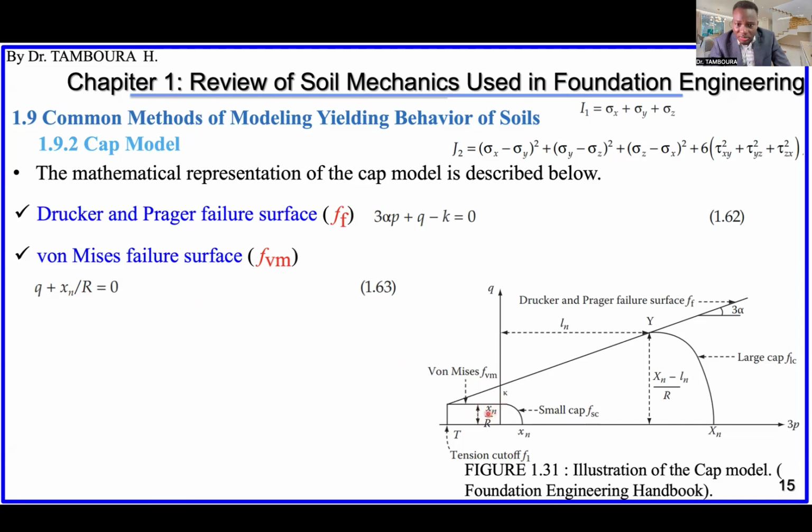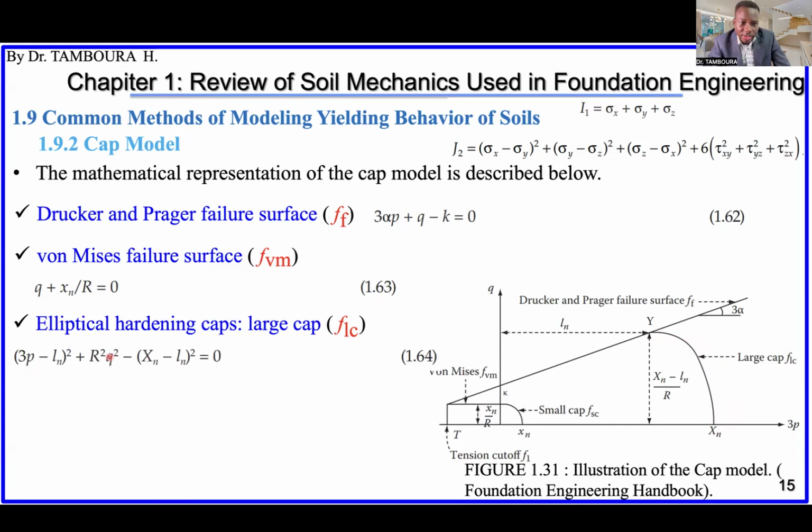So we need Q plus this coordinate, horizontal line. And for the large cap, this one, this equation is needed. And you can see here, this point is very important, the coordinate of this point, because this is where the connection between this cap and this Drucker-Prager failure surface happens.